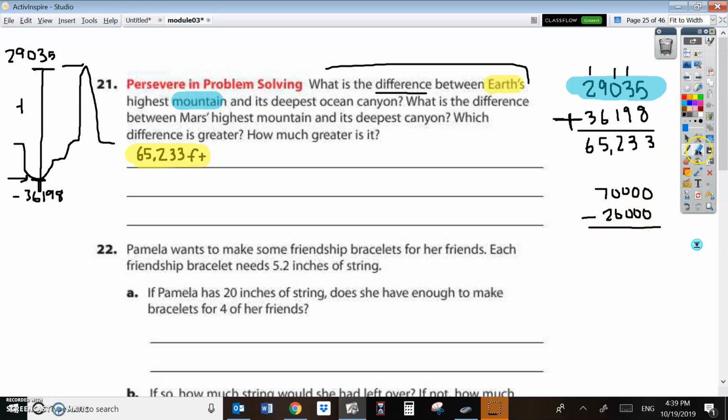So this is Mars' information. Mars' highest mountain is here. And then its deepest canyon is here. And we want the difference, so we need to subtract.